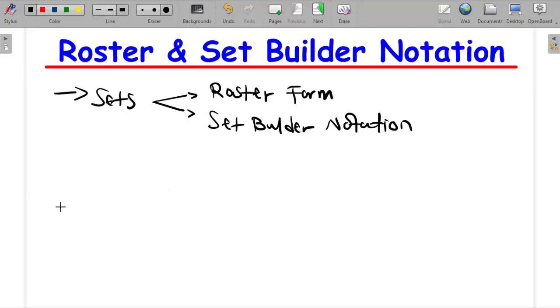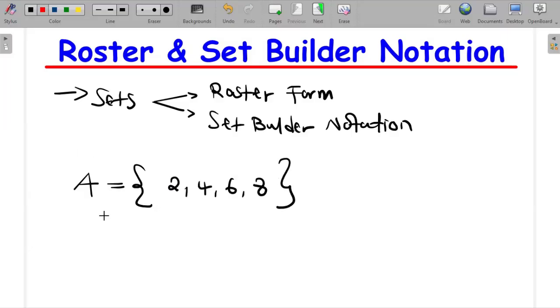Okay, so I'm going to write two expressions here, and then I'm going to ask you a question. The first one, I'm going to represent a set like this. Set A is being represented as 2, 4, 6, and then I'll end at 8.